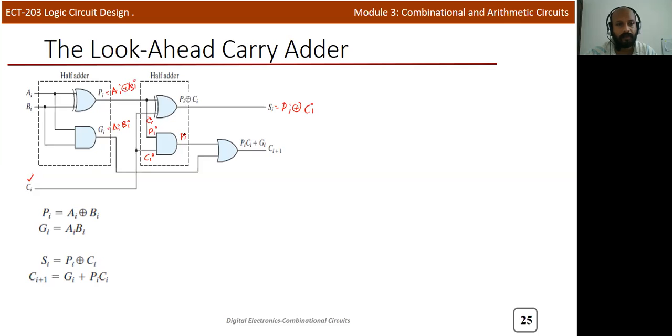So this output will be PI into CI, and the carry out of the full adder can be defined as PI CI plus GI. So these are the two output equations. Sum and carry we can calculate by using this particular formula. And now we can see the expanded form.